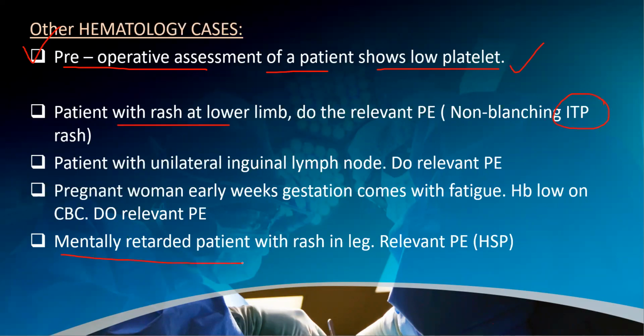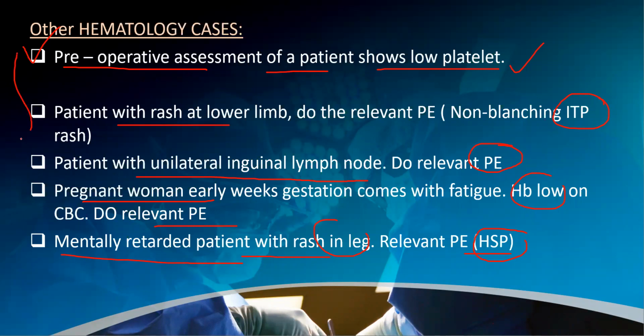Sometimes it comes as a mentally retarded patient having a rash in the leg, maybe it could be an HSP rash. Sometimes it comes with a unilateral inguinal lymph node enlargement where you are mainly ruling out lymphoma. That's also hematological PE. Sometimes it comes as a pregnant woman whose hemoglobin is low. That's also hematological PE. So the hematological physical examination is a very, very important physical exam, and a lot of cases fall under this one particular cluster.